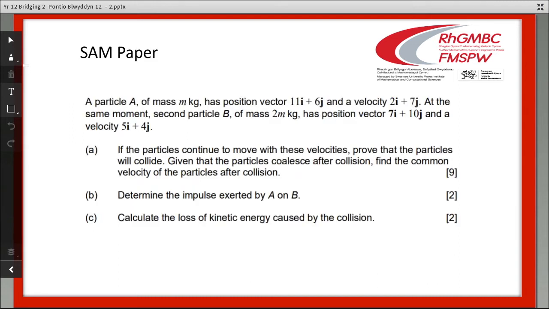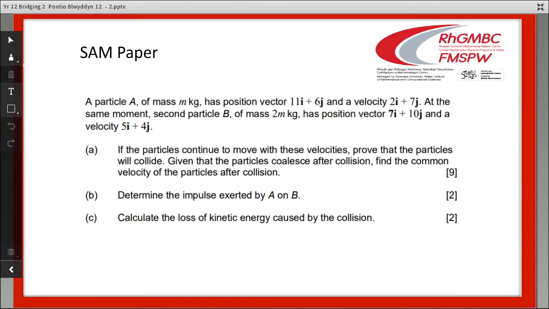Now, obviously, moving on from there, what I've got here is the question from the specimen or the sample assessment material. This was the material that was sent out in 2017 with the introduction of the new syllabus.